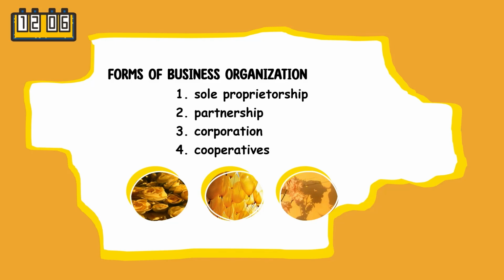It's purely in the operations, the processes or the flows of business. While in the forms of business organization, it talks about the ownership, the possession, the legal owner, who manages and controls the business organization.